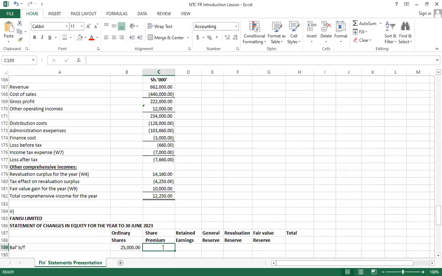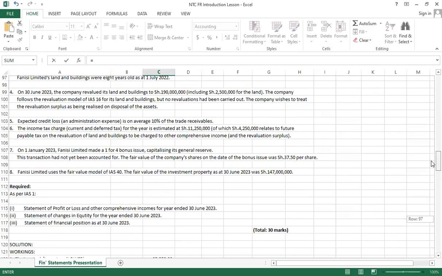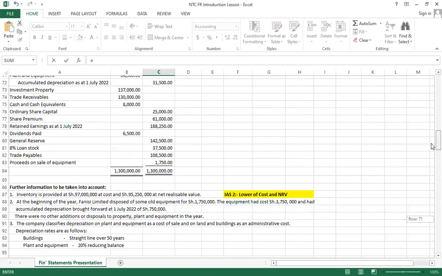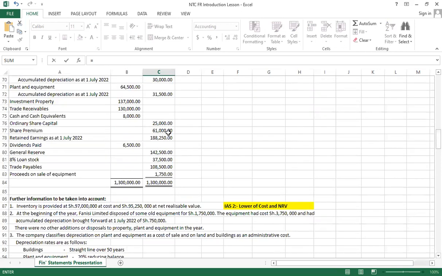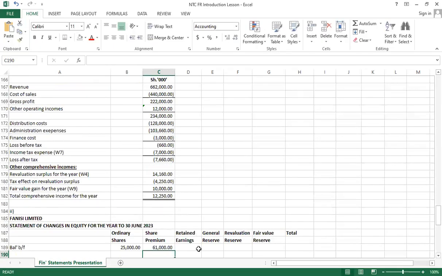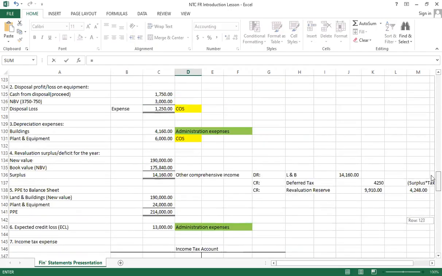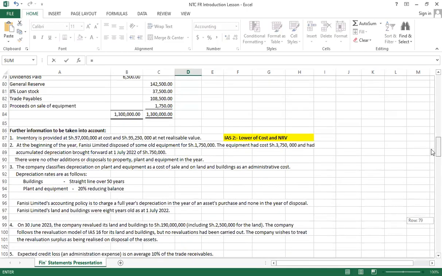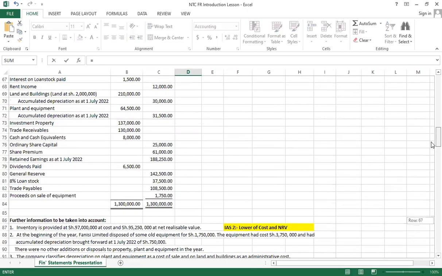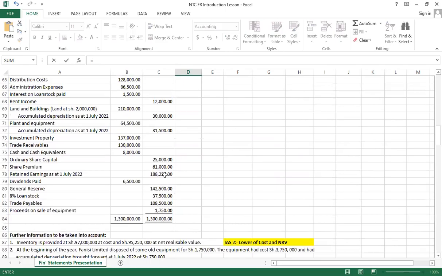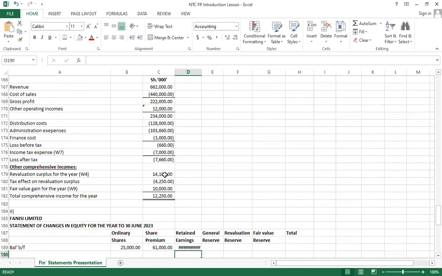And then the share premium in the same manner. From the trial balance, after the ordinary share capital, we have this 61. The retained earnings are the same thing. For the retained earnings, we have this 188,250.